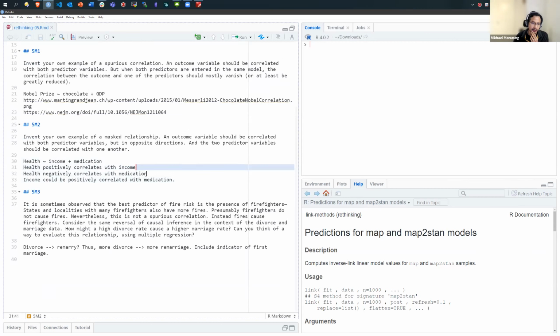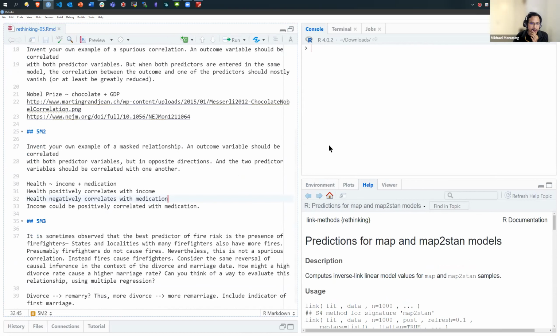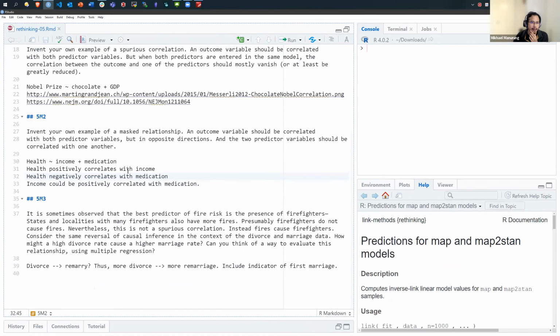Between health and medication, health would be negatively correlated with medication because if you're healthy, then you should not consume any medication.